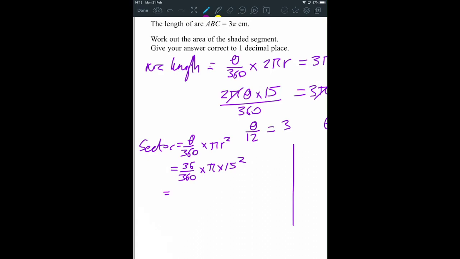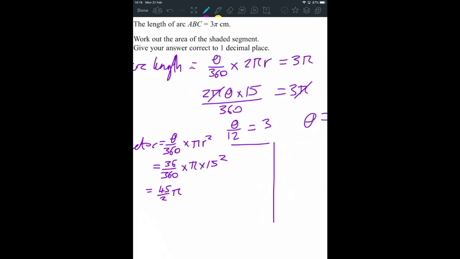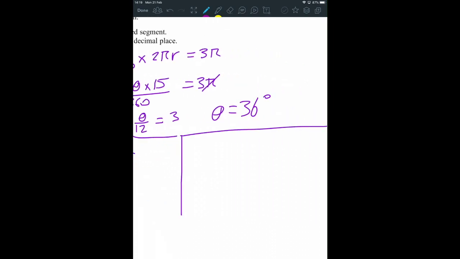When I type that into my calculator, I'm going to not type the pi in, because I don't really want my answer to look horrible. So just typing the numbers in is 45 over 2 pi, and I'll leave that exact for now. I'm going to make sure that my work is relatively well presented.